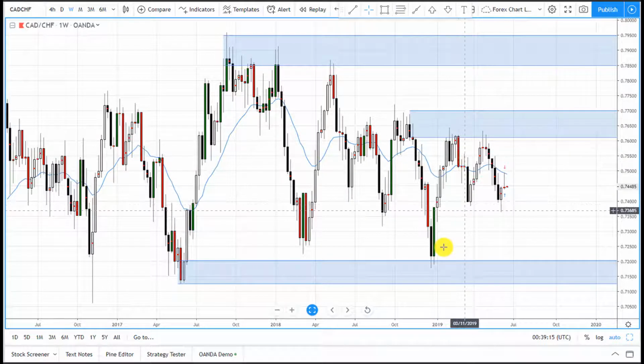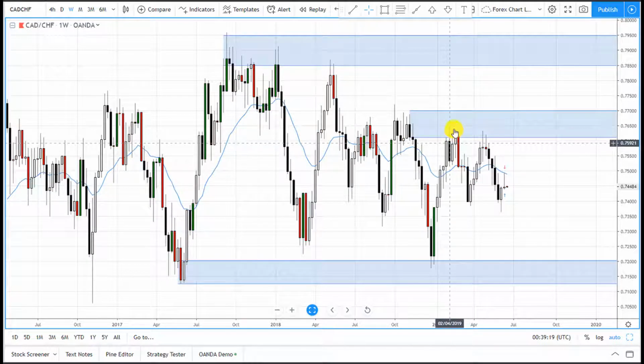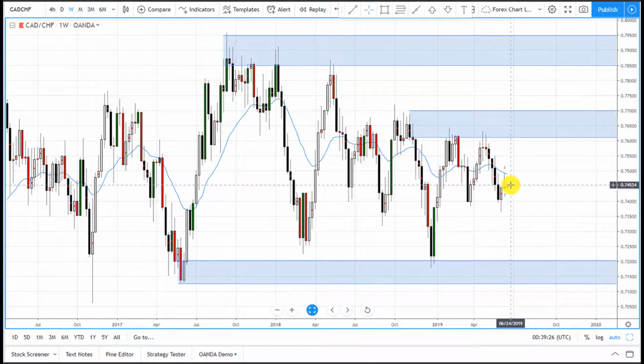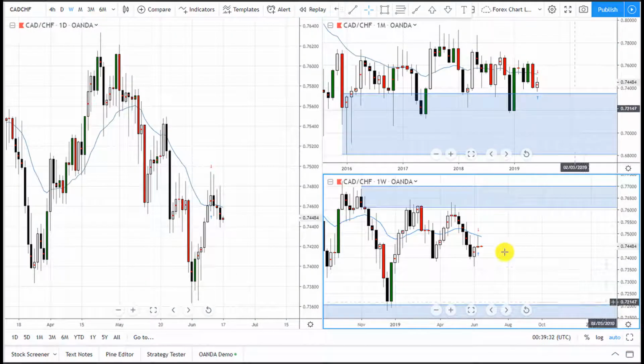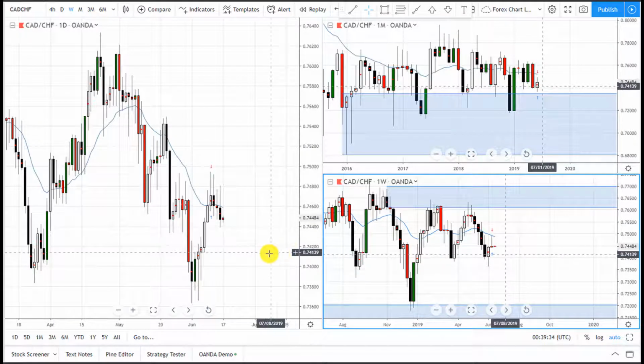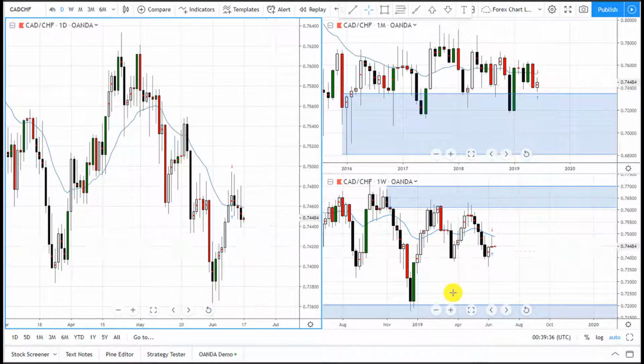And that's what we have for the weekly. Going short, it has been tested. It's been tested here and here already. And then let's take a look at the daily.